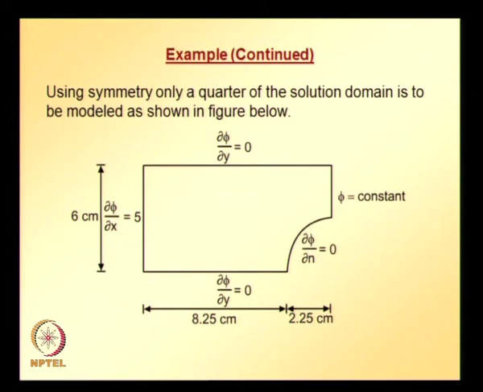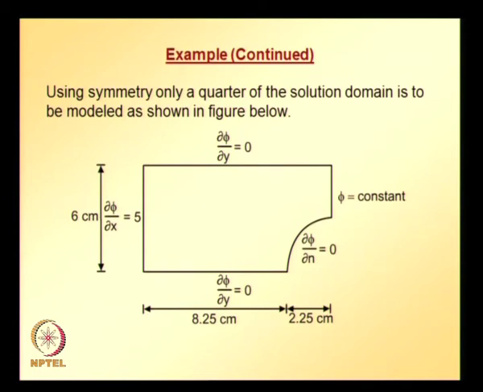This is arbitrarily assigned, since the potential is equal to a constant, and that constant value is taken as 50 just arbitrarily. The boundary conditions along the top and bottom faces of this model are that the partial derivative of potential with respect to y is equal to 0, which are indicated in the figure, and all the details of the geometry are shown in the figure.